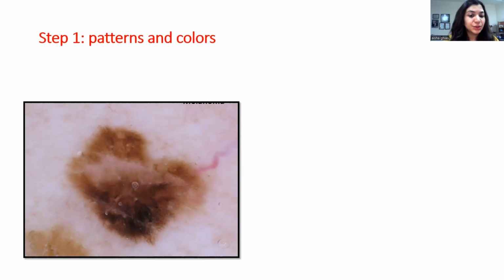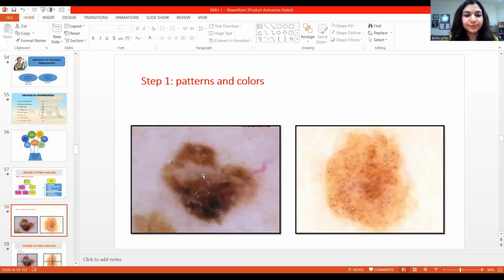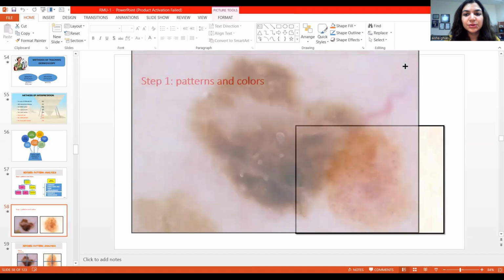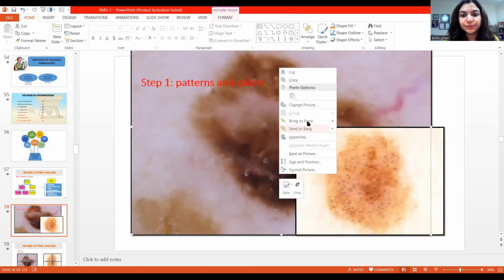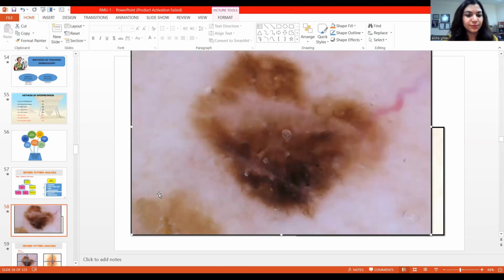Is it one pattern or two patterns? Can I make it bigger for you? Let me see. Okay, if you were not able to make it out, let's make it bigger for you. Hope this is bigger.